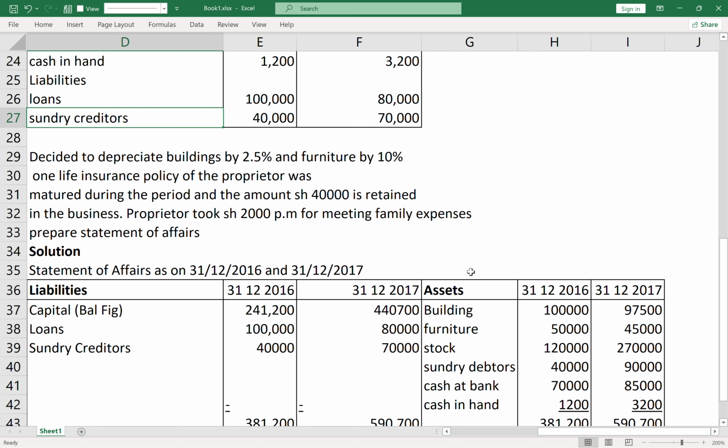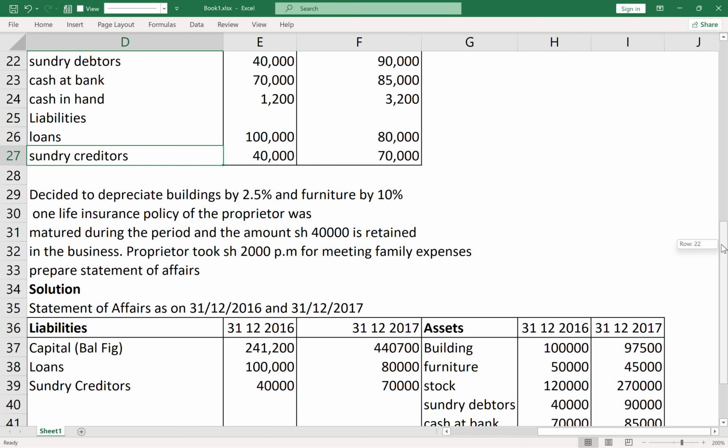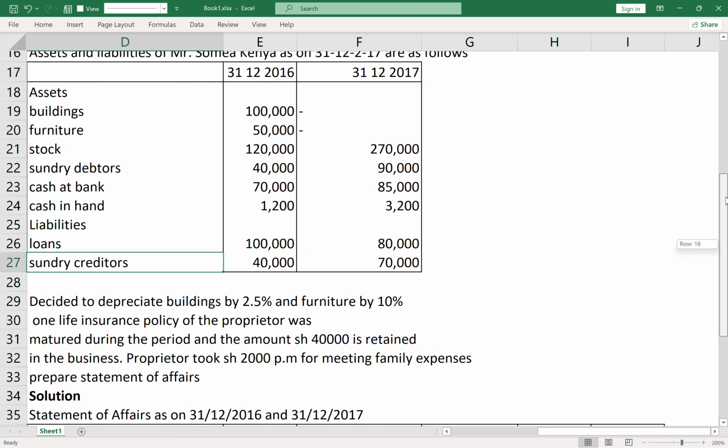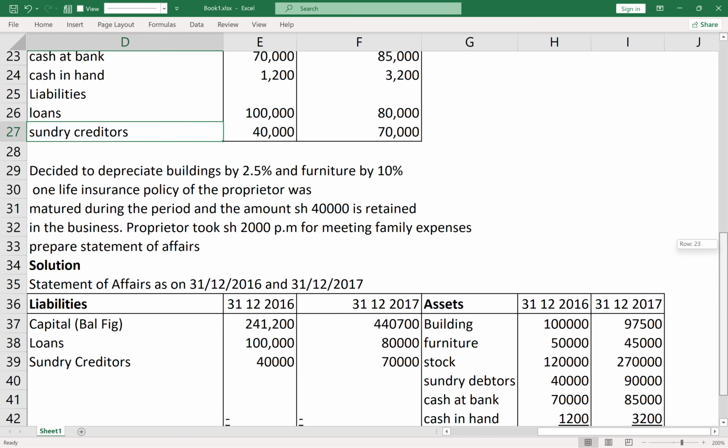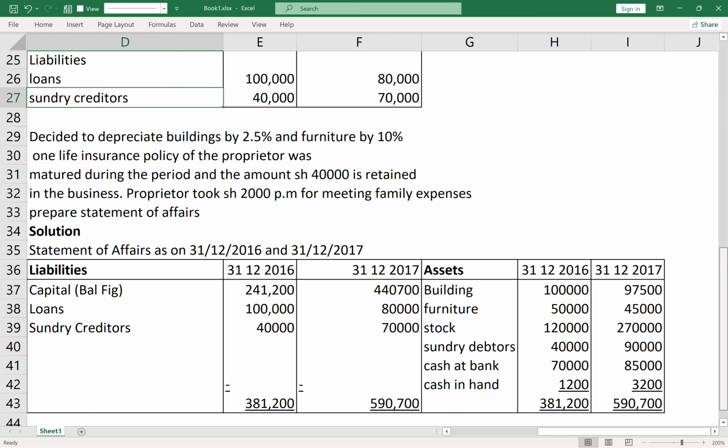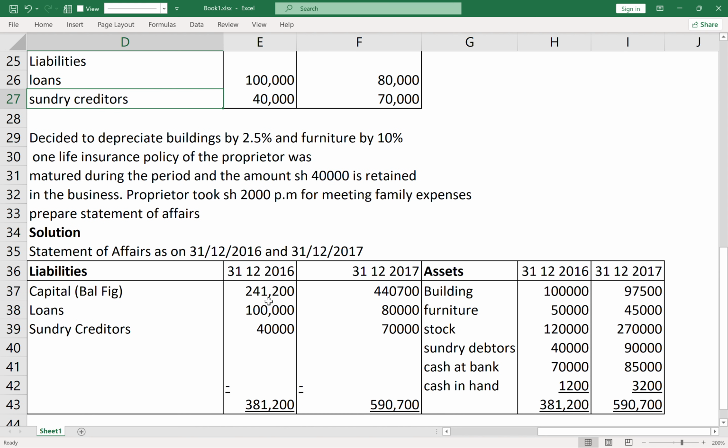The capital is the balancing figure that we are going to calculate. So we are going to start with the loans and the sundry creditors. So it was 100,000 and 40,000, then 80,000 and 70,000 for the 2 years.